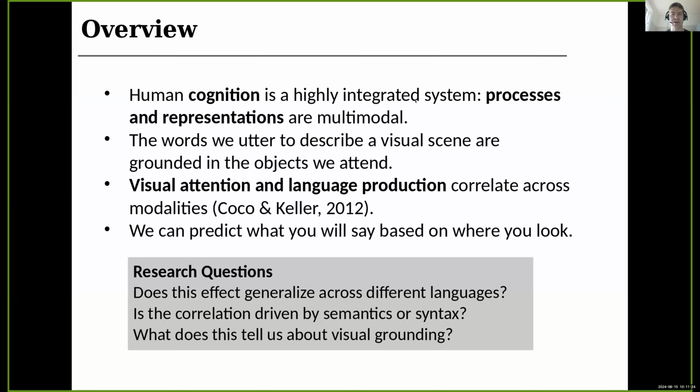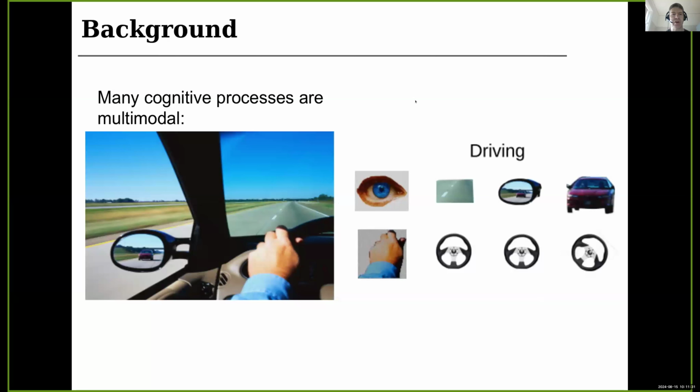Okay, but let's start with why things are multimodal, why this is worth looking at. A lot of cognitive processes in everyday life are multimodal. Here, this example is supposed to illustrate driving. We have a driver who, of course, uses their visual system to look at the road, to look at the mirror, maybe to look at the hands. They are at the same time exercising motor control and getting haptic feedback.